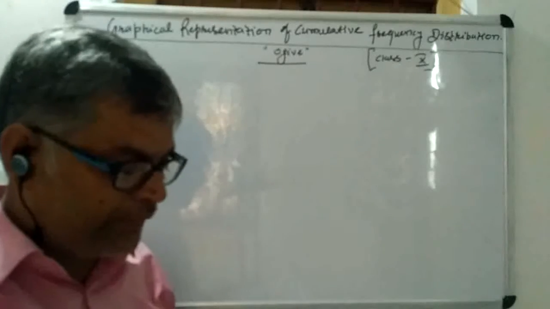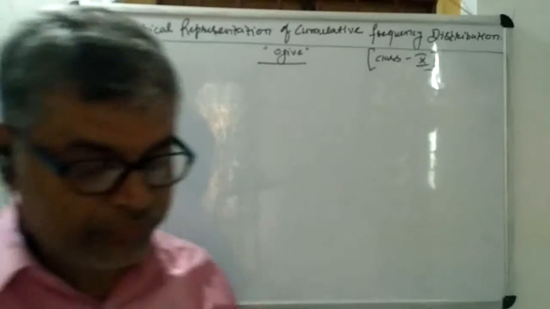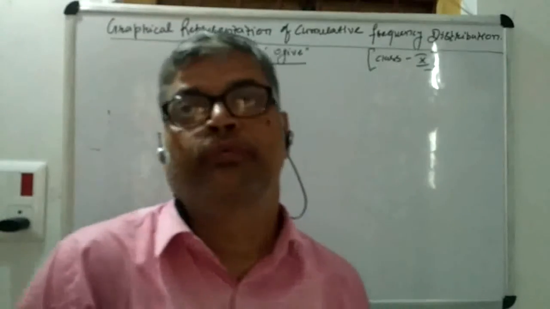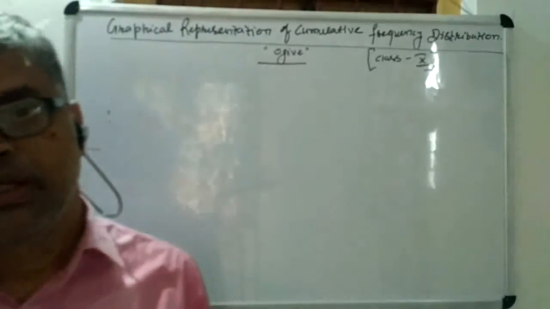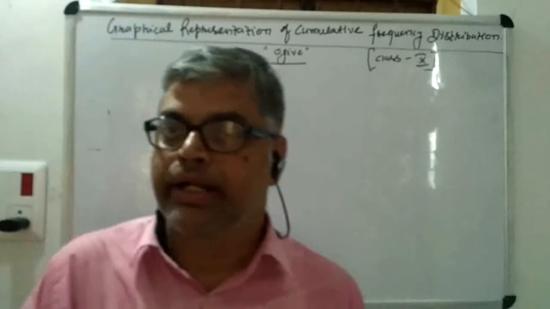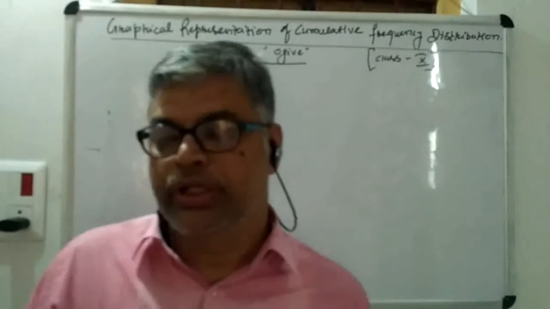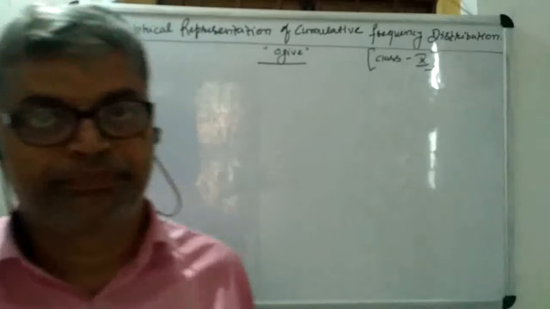For graphical representation of cumulative frequency, we always plot the graph between the limits and their corresponding cumulative frequency.